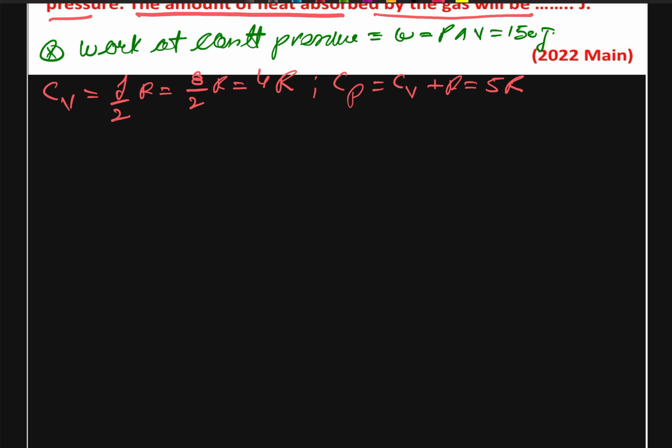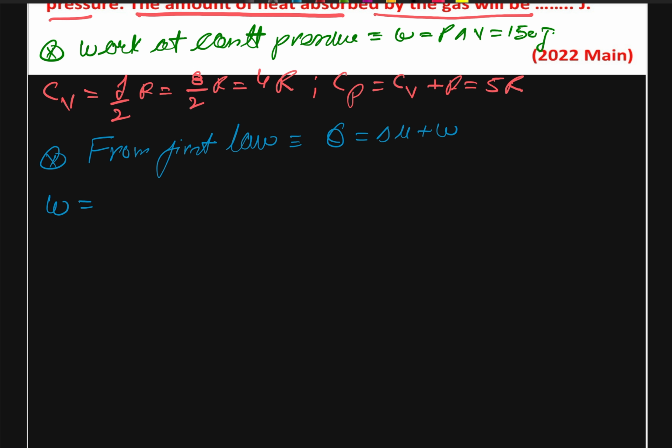And we can find our change in internal energy. Let's use the first law of thermodynamics, which says heat is equal to delta U plus work done. First of all, the work done.